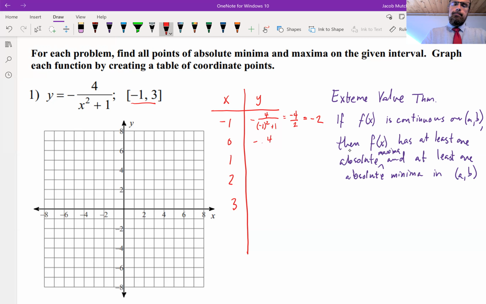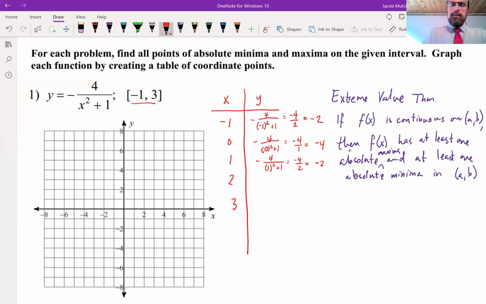At 0, that's -4 over 0 squared plus 1, which is going to reduce to -4 over 1, or just -4. And here at +1, I'm expecting something like what we saw for the output of -1. Let's see if it changes at all. So +1 squared plus 1 in the denominator, that's -4 over 2.